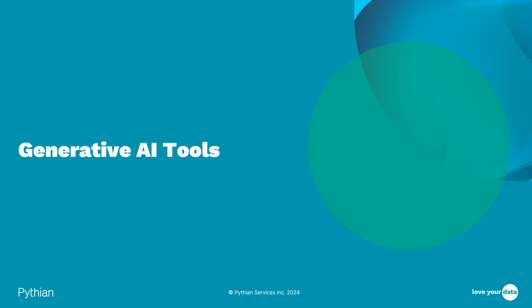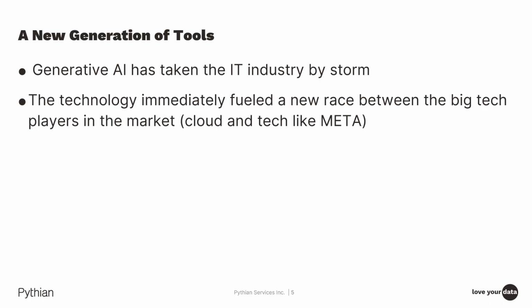First thing we're going to cover today is the generative AI tools that are becoming available in the industry. We have a new generation of tools that are being developed right now. Generative AI has really taken the IT industry by storm since November 2022 when ChatGPT made its debut. It's been a quite wild ride in the last year and a half with all kinds of new developments from all the major players in the industry.